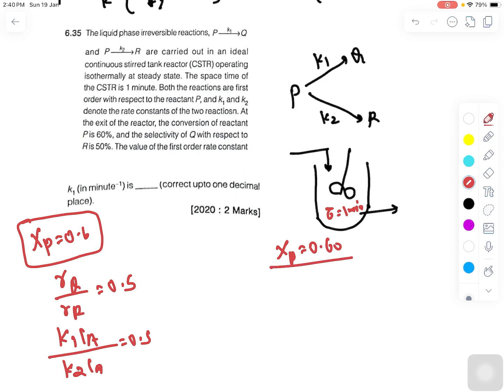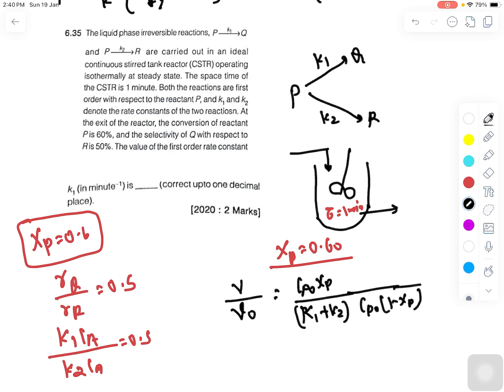So what I can write, CP is equal to obviously CP naught into 1 minus XP, so the conversion of reactant P is 60%. Is that clear? So if you want to write the design equation for CSTR, can I write V by V naught, that is equal to Cp naught XP divided by K1 plus K2 into Cp naught into 1 minus XP.